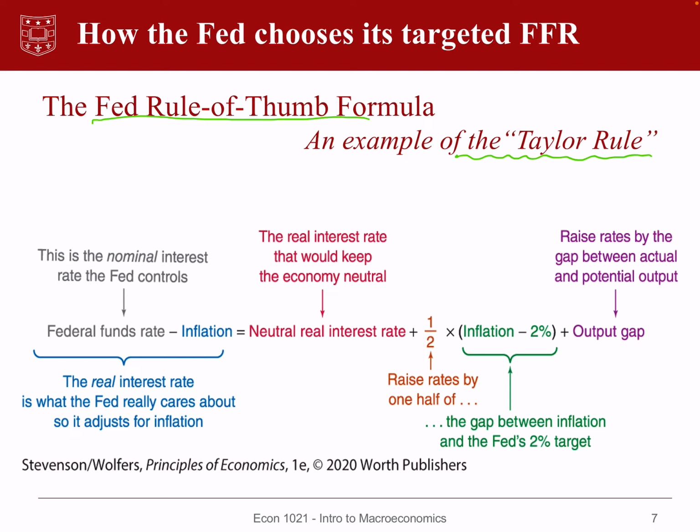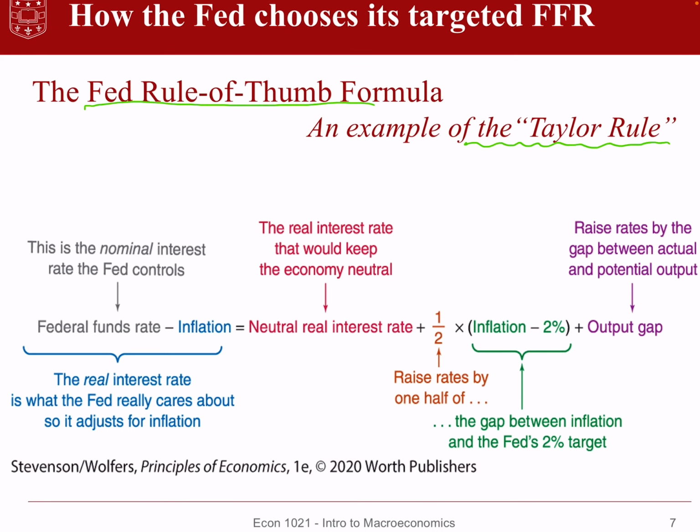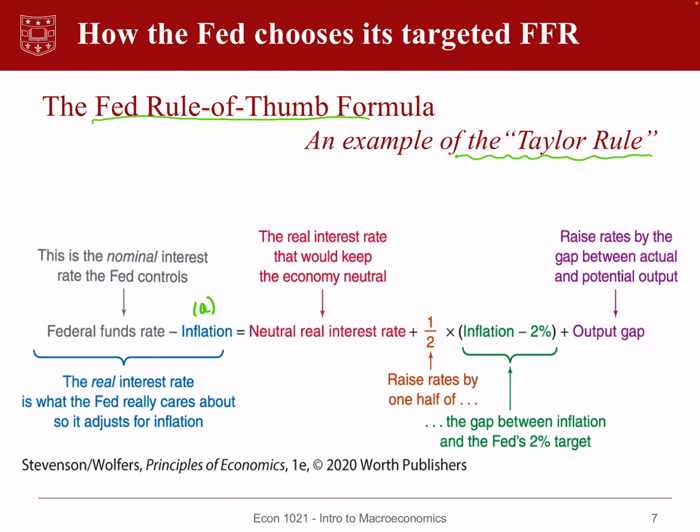So what I want to do now is think about the rest of what's on this slide, and specifically what factors would go into the Fed's decision to establish its target for the Fed funds rate. So what I want to do is just label some things, and then that'll allow me to shift, hopefully, to these blank slides and talk about stuff.